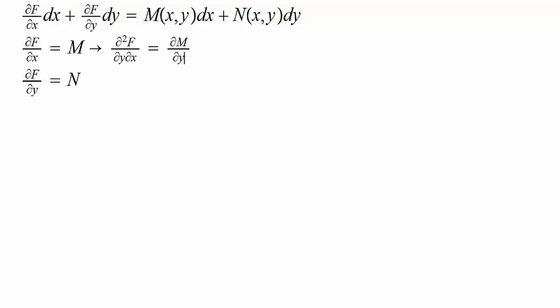Likewise here, going in a similar manner, we have the second derivative of f, switching the order of derivatives, and they are equal in the case of our M and N. So that has to equal the partial derivative of N with respect to x.